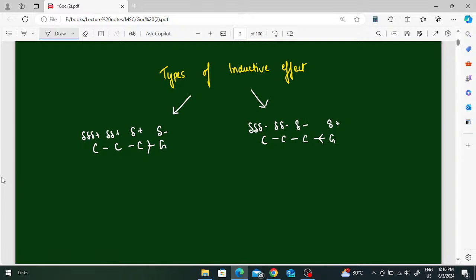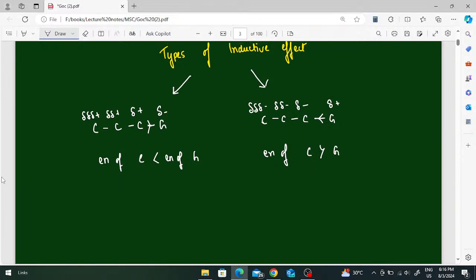This is occurring when the electronegativity of carbon is less than the electronegativity of G, and this is occurring when the electronegativity of carbon is greater than that of G. This is called minus I effect, whereas this is called plus I effect.